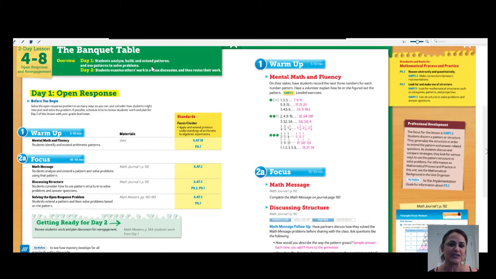And they're going to do this through a real world situation where they're putting together tables at a banquet. And what students start to unpack is this expression and using variables to explain the pattern of what happens when you put a table next to another table and you lose a seat at the table. And so let's take a look at this together.